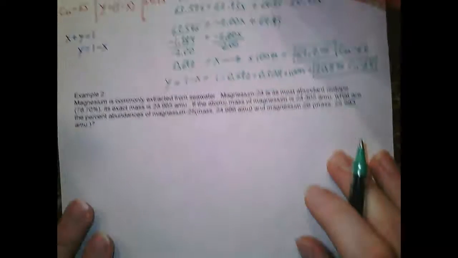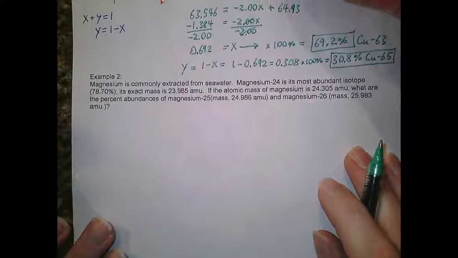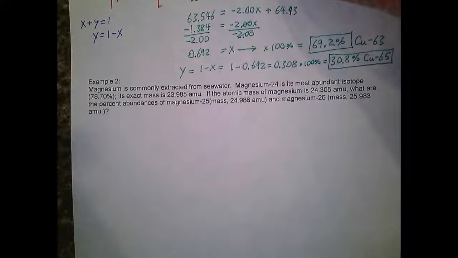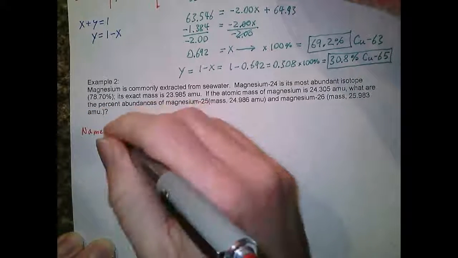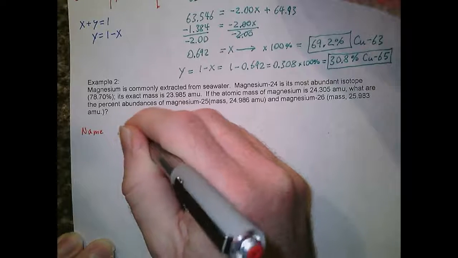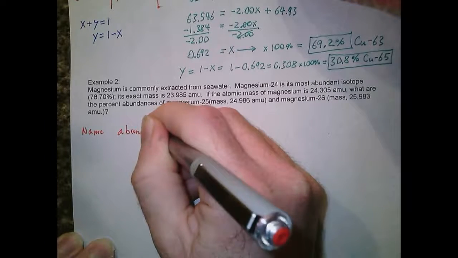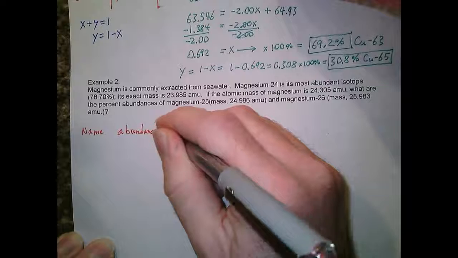Okay, so let's move down and look at the other one. This other problem is slightly different because we have 3 pieces of information that we need to deal with. So name, abundance, mass, just like before.